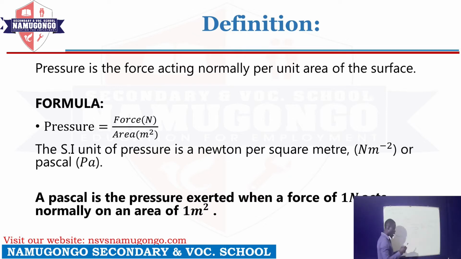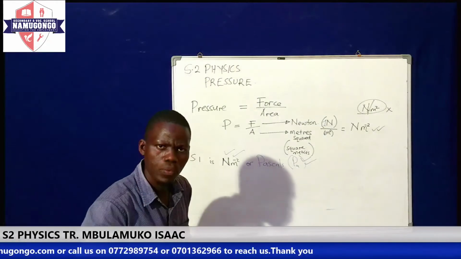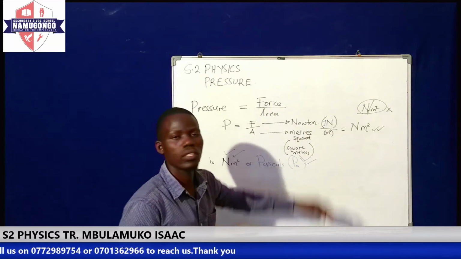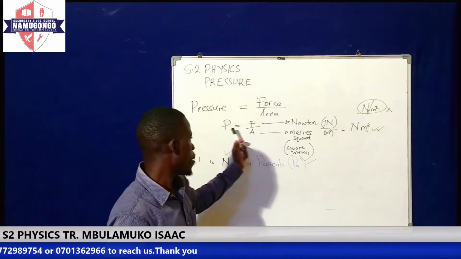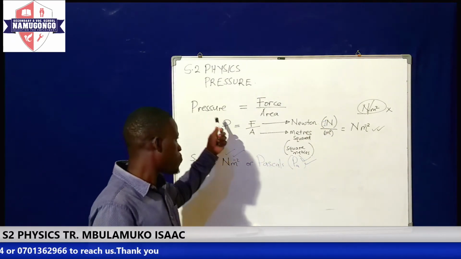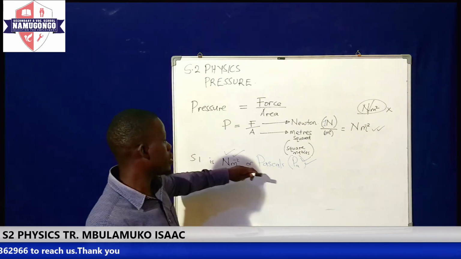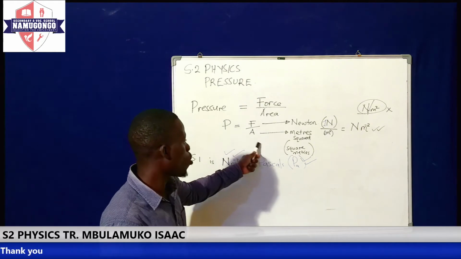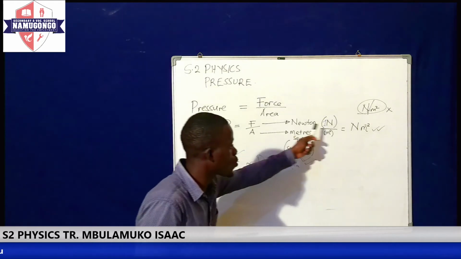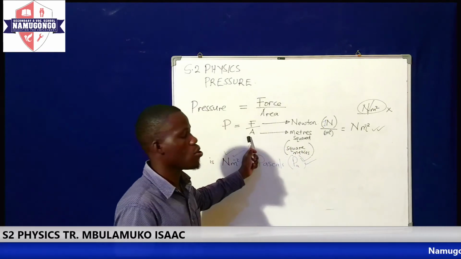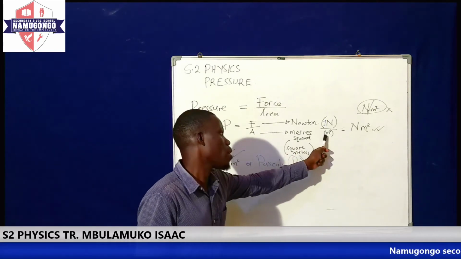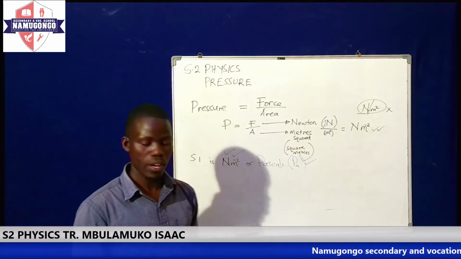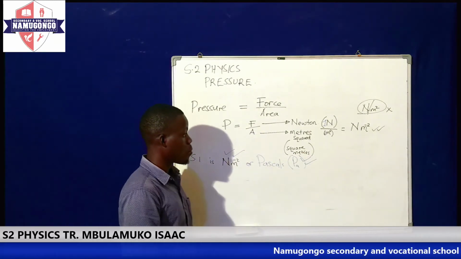So, when we are defining SI units, take note that we always define them with 1 unit. So, a pascal, we say, is the pressure exerted on an object when a force of 1 Newton acts normally on an area of 1 meter squared. So that is our definition of Pascal.